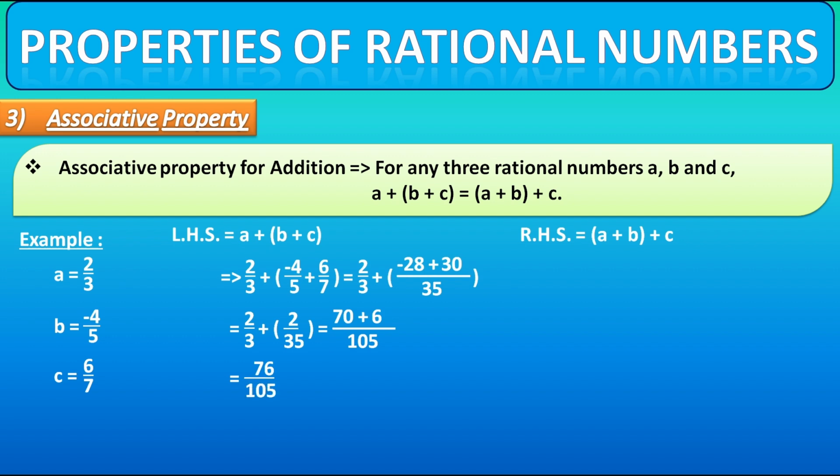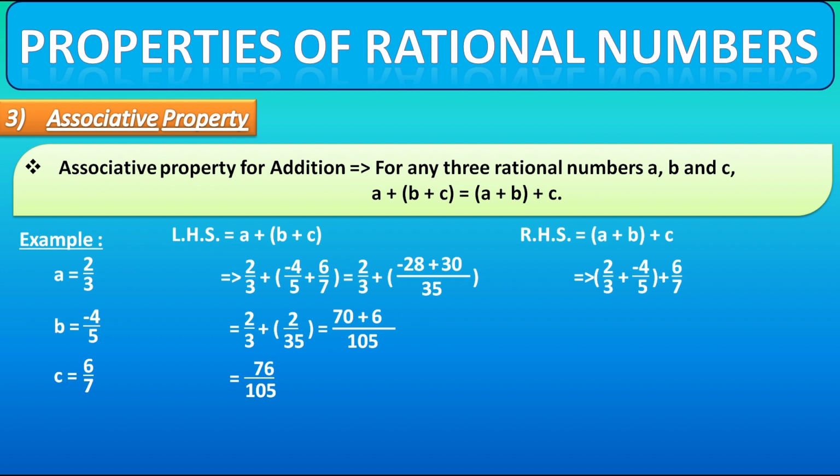Now let's solve the RHS part. In the bracket we have 2 upon 3 plus minus 4 upon 5 and outside the bracket we have 6 upon 7. Okay, so first we will solve the bracket. So 2 upon 3 plus minus 4 upon 5.